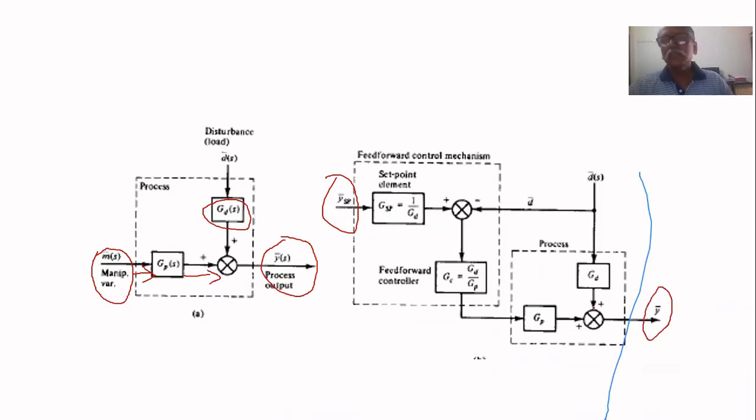Y set point is expected output. We cannot compare this expected output and disturbance. It is obvious. That's why this block.